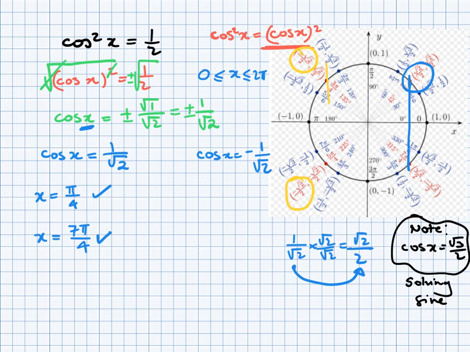So what are we looking for? It is x equal to 3 pi over 4 and x equal to 5 pi over 4. Now, I'm not going to substitute k equal to 0 or 1 or 2 because we can see here it's only 2 pi.